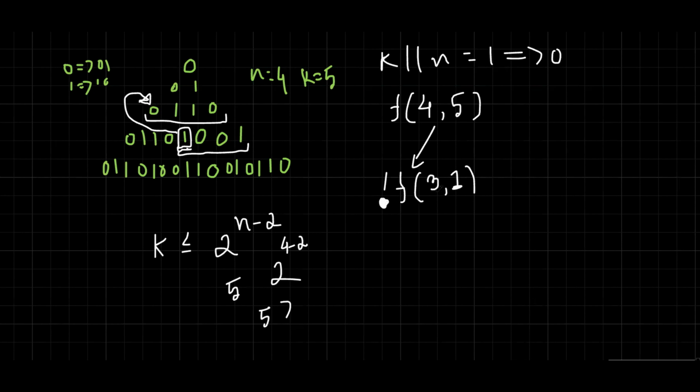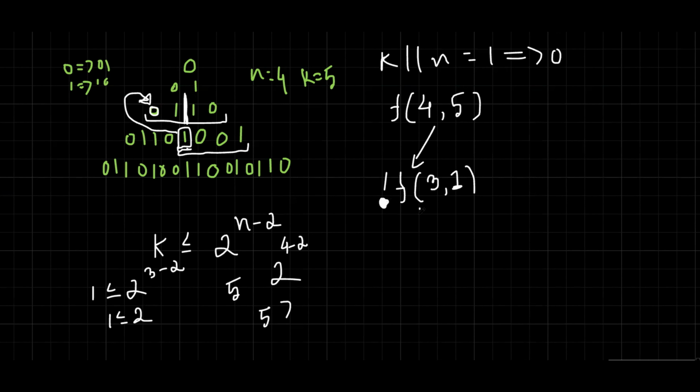So far, so good. Now let's check whether the value of k, which is 1, is less than or equal to 2 to the power 3 minus 2 or not. Yes, it is, because 2 to the power 3 minus 2 will be 2. So here we can see that 1 is less than or equal to 2. That means this value 0 is present before the mid position.